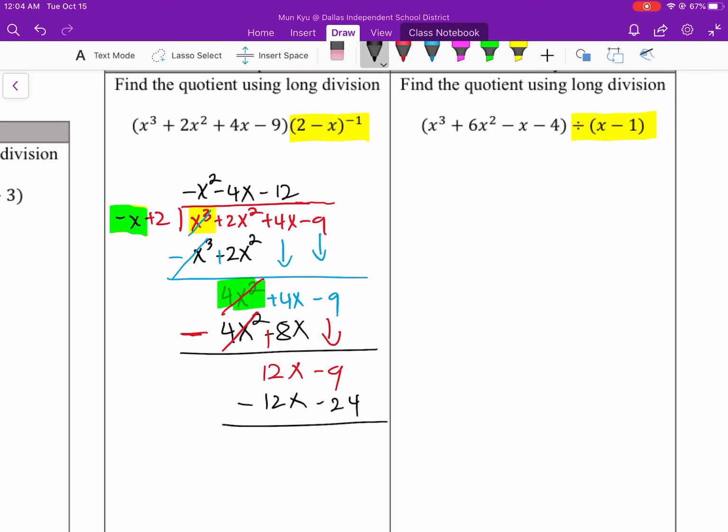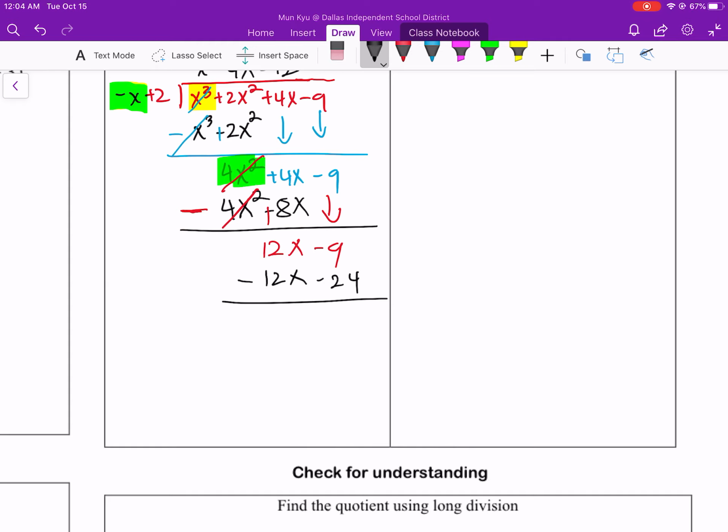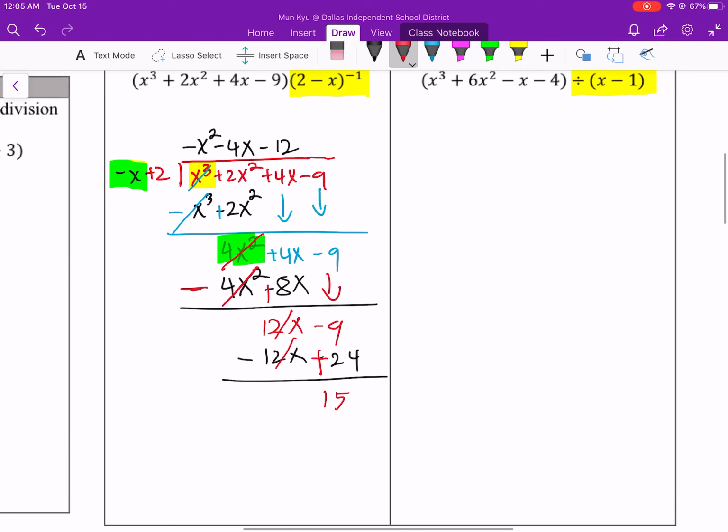And if you subtract it, again, this sign is going to be changed like this. This will disappear. Negative 9 plus 24 is, what's that? 15, right? Yep. So the thing is, we do not have any x here, and we have x here, so we cannot divide further, which means this is going to be our remainder.